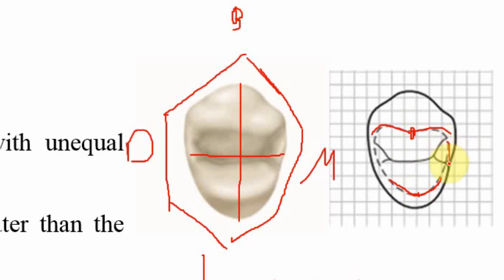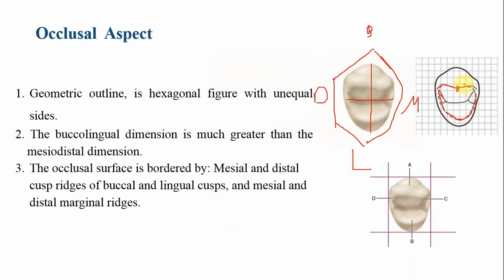This is the mesial marginal ridge, and this is the distal marginal ridge. The mesiobuccal and distobuccal cusp ridges are in line with each other, while the mesiolingual and distolingual are more curved and form a semicircular outline that is confluent with the mesial and distal marginal ridges.